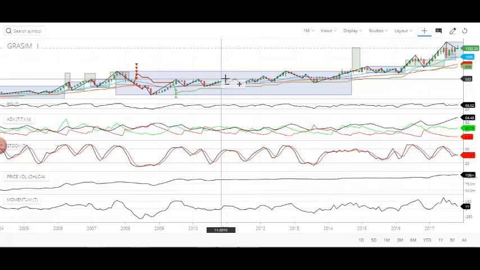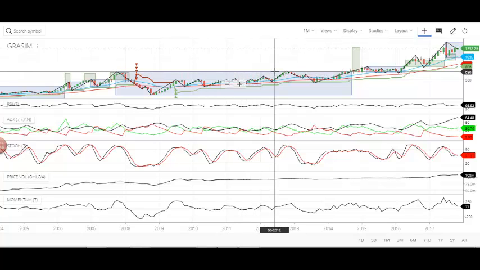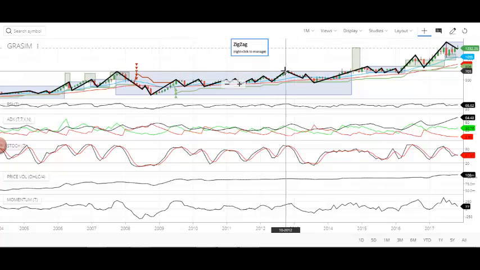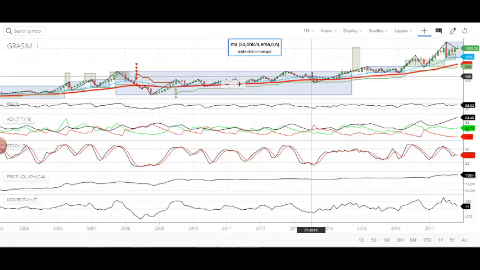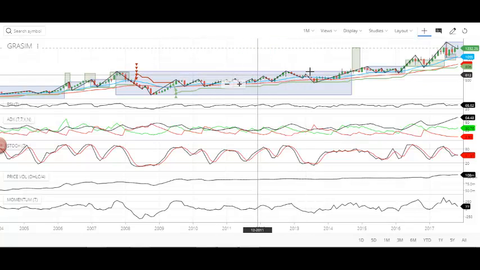It is taking a lot of time, just inching up a few centimeters. That is how it is moving up, like a snail. Snail is the right comparison for this stock.